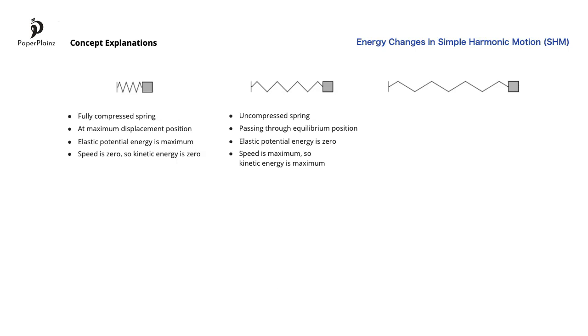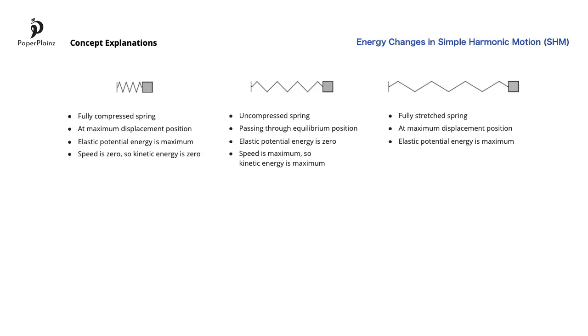After passing through the equilibrium position, the spring begins to stretch and the object starts to slow down. At some moment, the spring becomes fully stretched. This is the other maximum displacement position of the object. Since the spring is fully stretched, elastic potential energy is at its maximum.